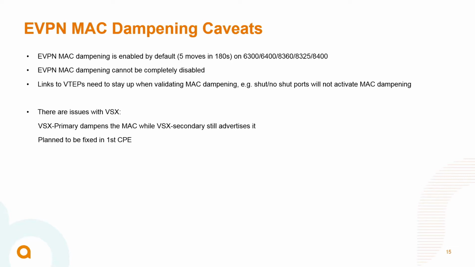It is a fresh learn for the device. So in a way, it cannot be completely disabled, but if you're not looking for MAC dampening, you can play around with these timers, keeping the least timer and the highest value for the MAC moves, so that MAC dampening does not take effect.